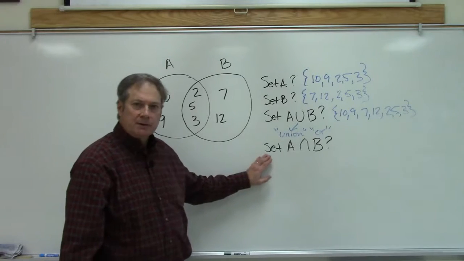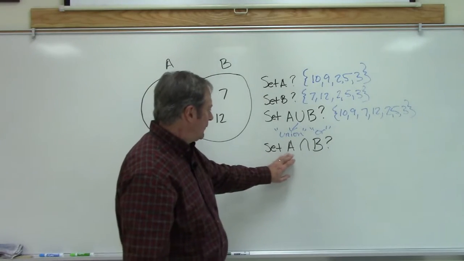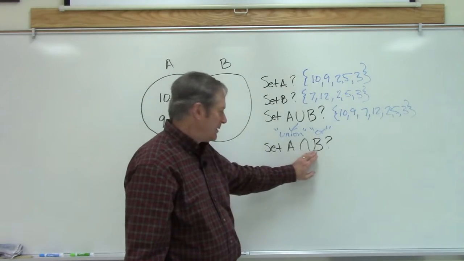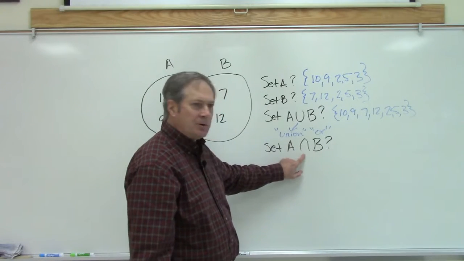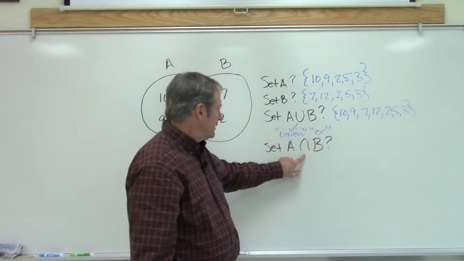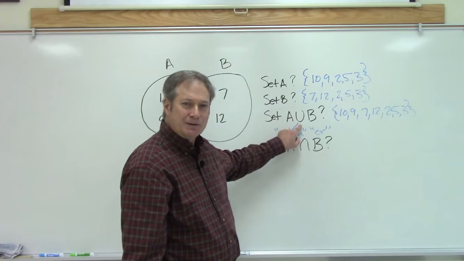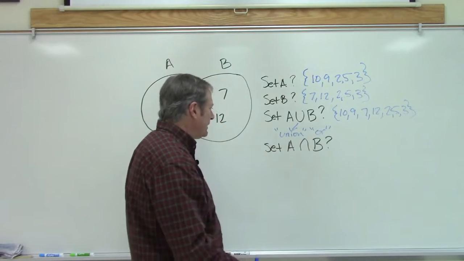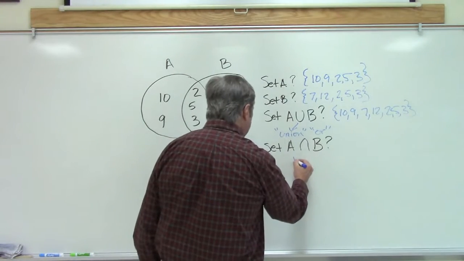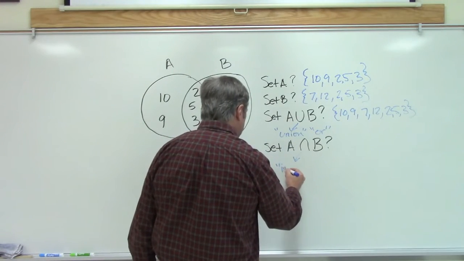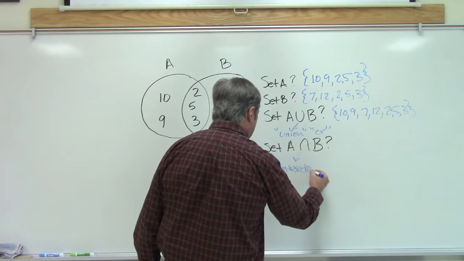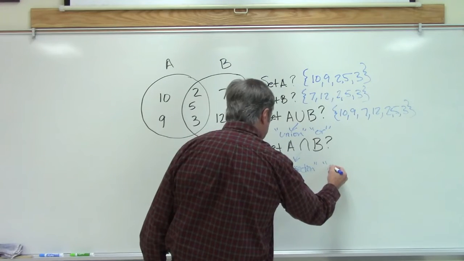And this last one, we read it, what is the set of A with the intersection of B? Now the only way I can remember that that's intersection is that it's not the U, which I know U stands for union. So this other one has to be intersection. And it stands for the word and.